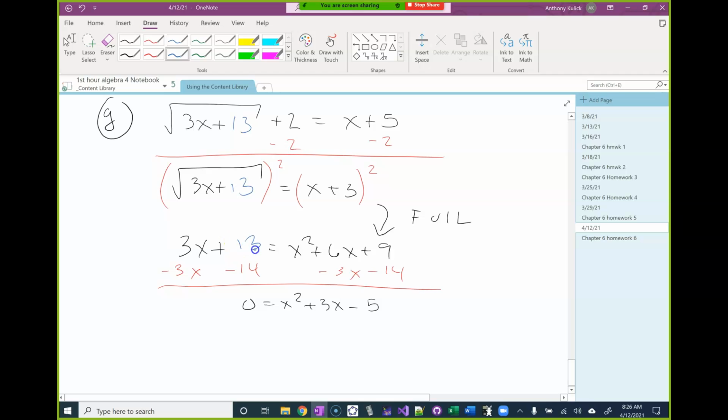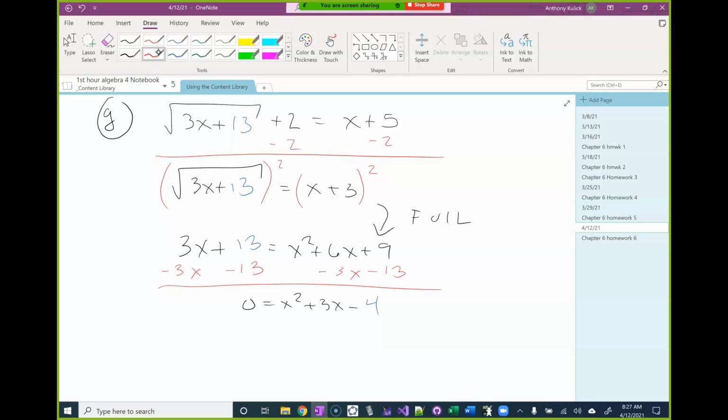I'm going to change that to a 13. My apologies, my friends. So we're left with this quadratic equation.